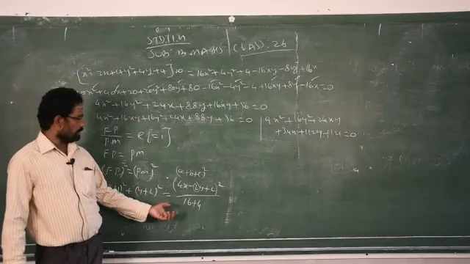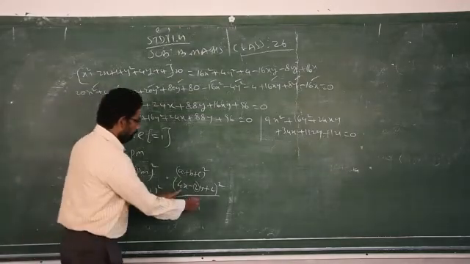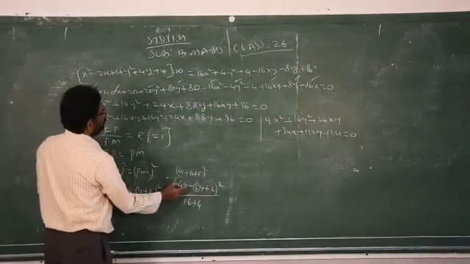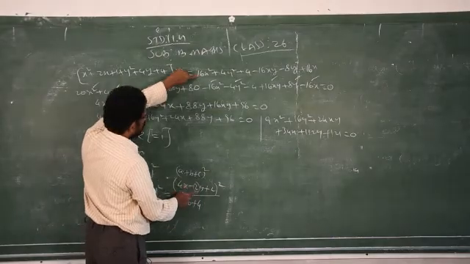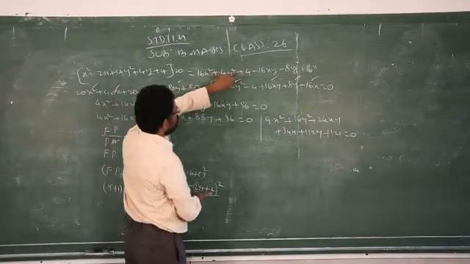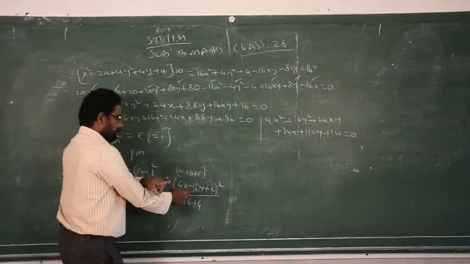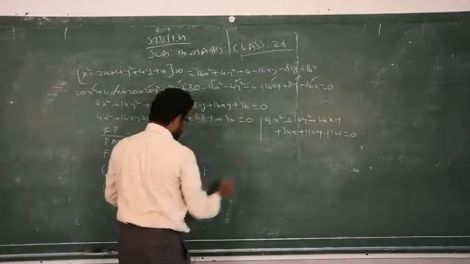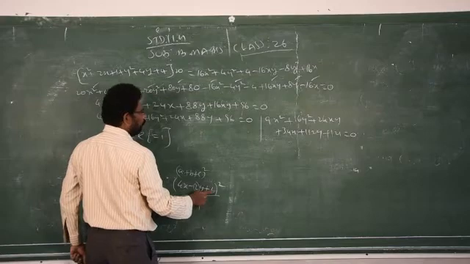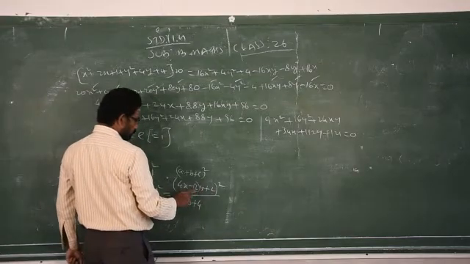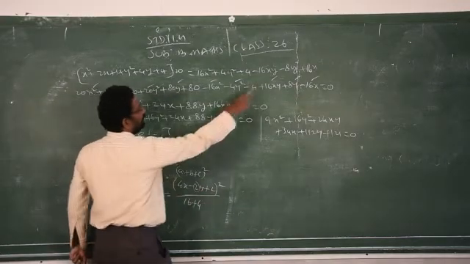So you have to check again, be careful expanding this one. Square the first 3 terms: 16x square, 4y square plus 4. Then you multiply these two, 4 2s are 8, again multiply by 2, 16xy. Then multiply these two, 2 2s are 4, 4 into 2, 8, minus 8y.